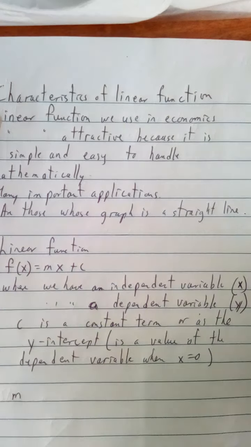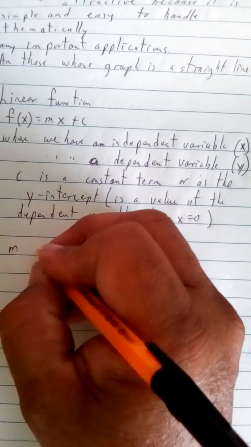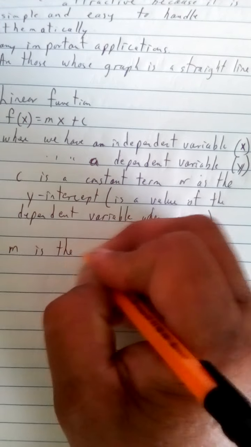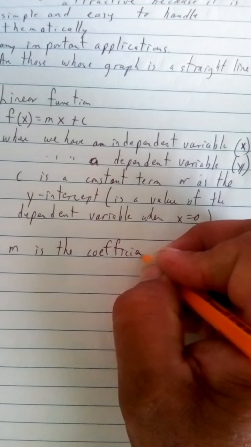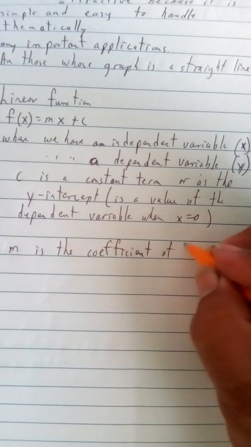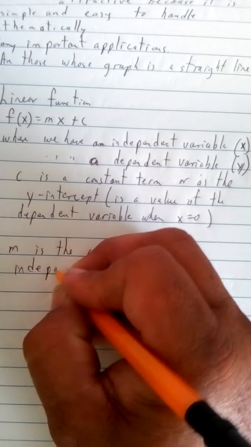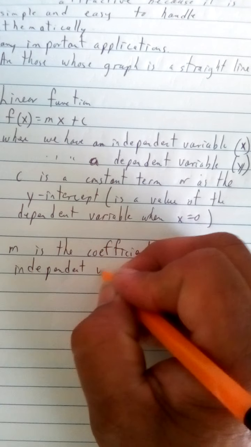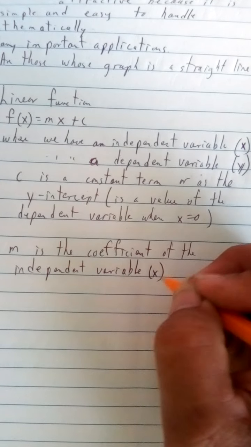M now, let me move this a little bit more up. m is the coefficient of the independent variable, which is the x.